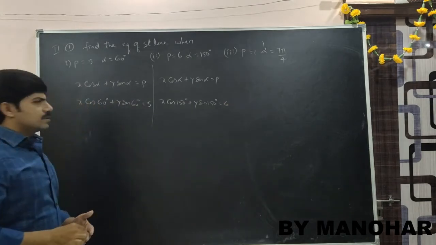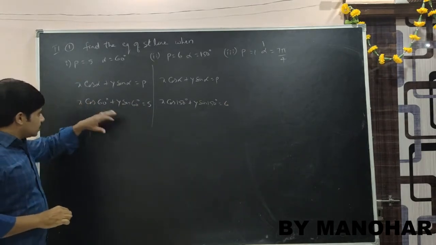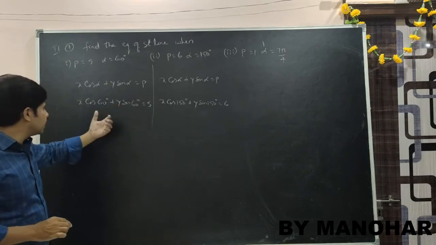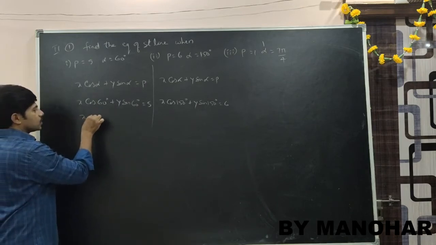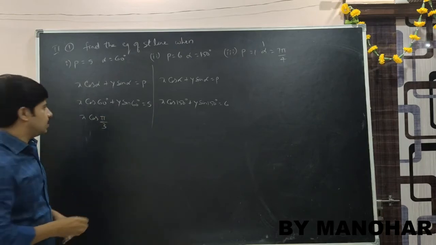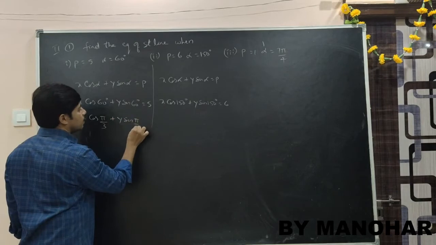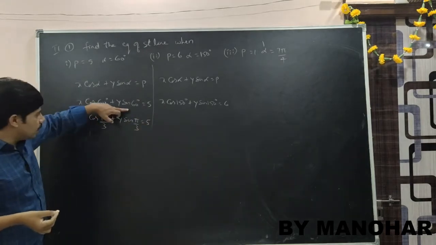Now one more thing I'll tell you: x cos 60 plus y sin 60 is equal to 5 is also right. We can express this in terms of pi, as x cos pi by 3 plus y sin pi by 3 is equal to 5. You can stop here also, no problem.